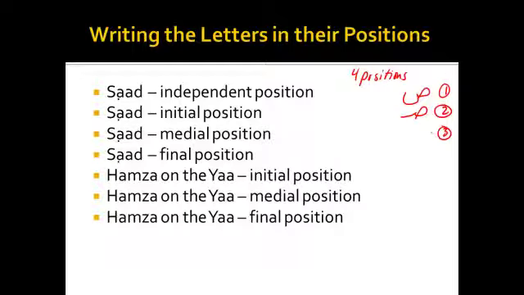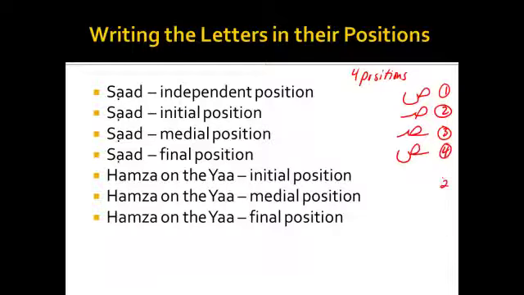And then we have the medial position, which connects, Saad, then notch, and then teardrop. And then we have the fourth position, which looks like the independent position but connects. So these are the four positions of the Saad.